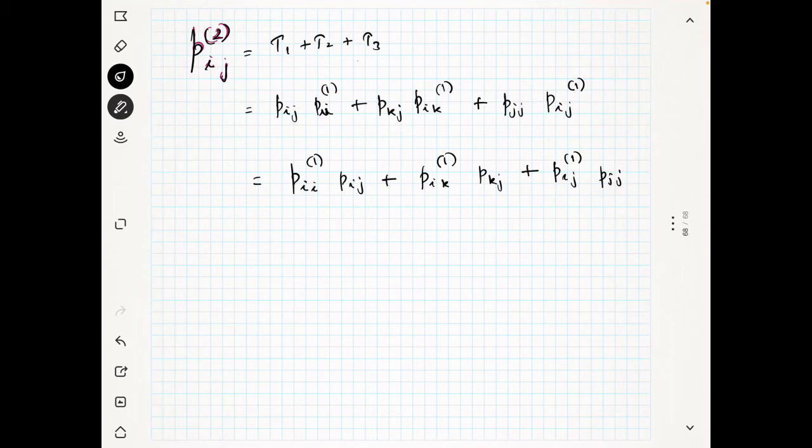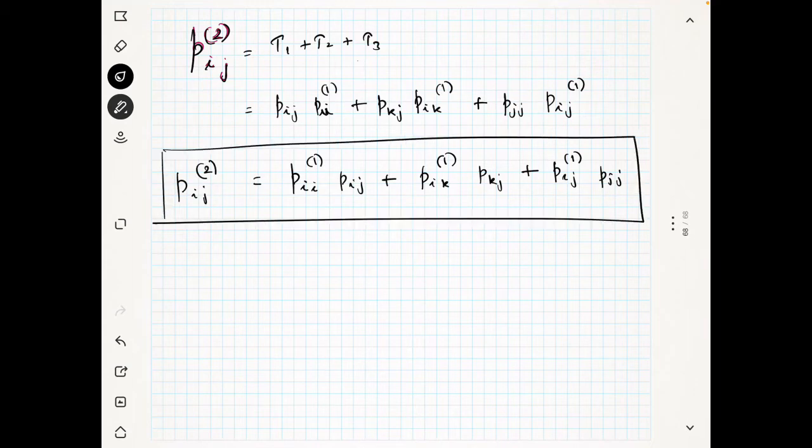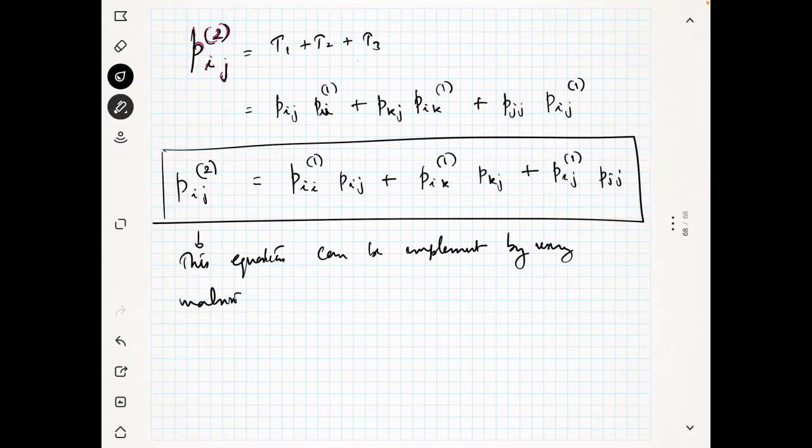Okay, so this can be implemented. This above equation, that means pij of 2, can be implemented by using matrix multiplication.